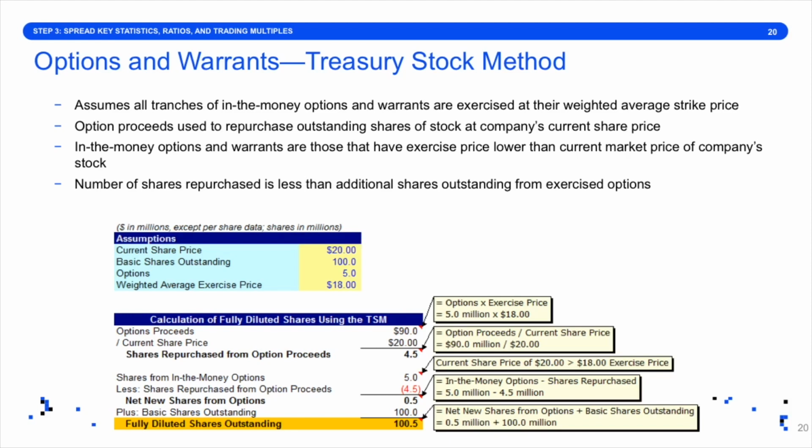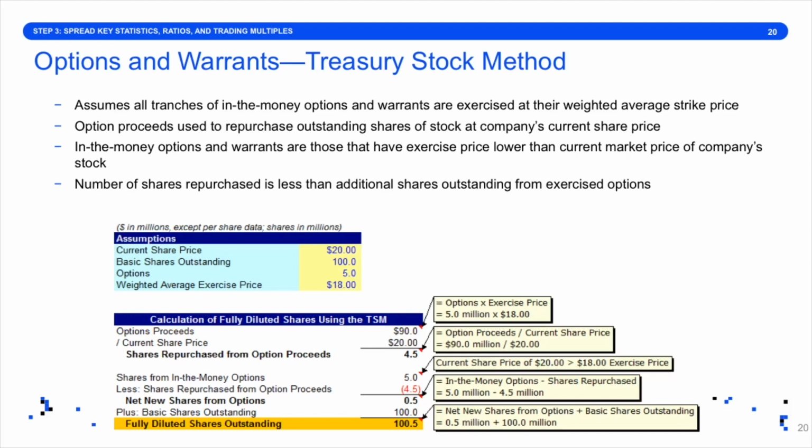This methodology is called the treasury stock method. It makes the assumption that these $90 million of cash are used to buy back some of the shares. So $90 million, the current share price is 20, so I can buy back 4.5 million of shares.